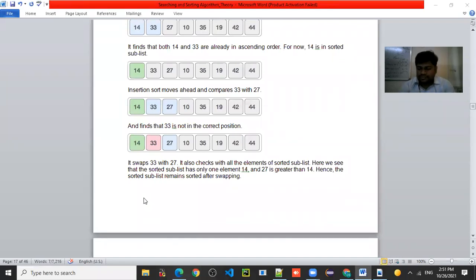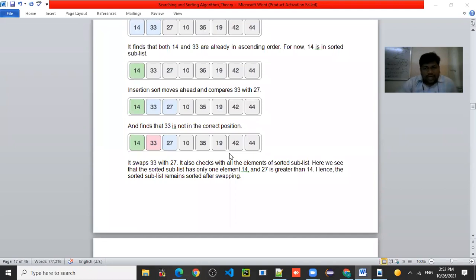After that, a very important difference here is that bubble sort requires more swaps as compared with insertion sort. So within less swapping, we are able to complete the sorting of the unsorted list, right?